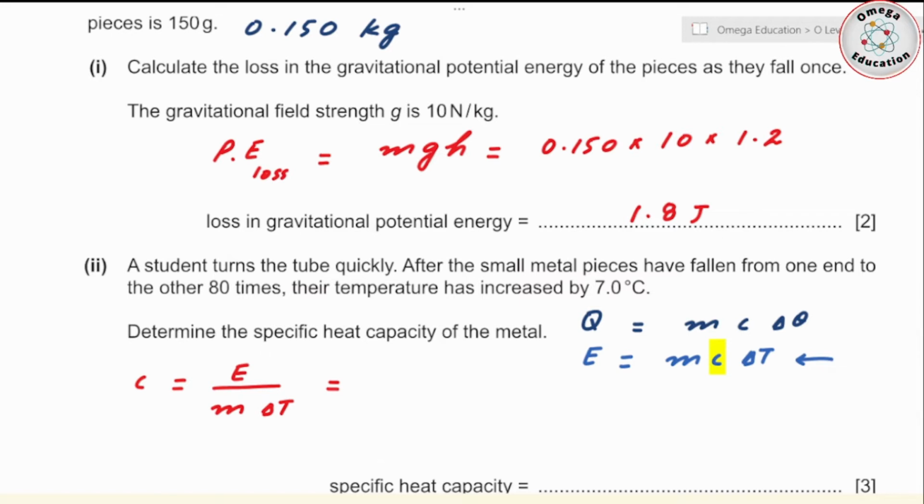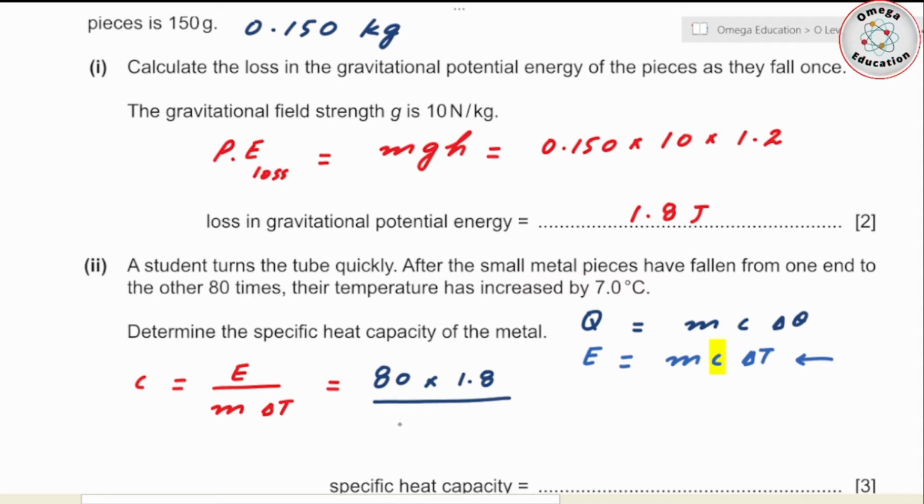So we get the total energy loss by all those movements, the total energy loss that would take place in all those 80 times. So that would be 80 times 1.8 divided by mass.